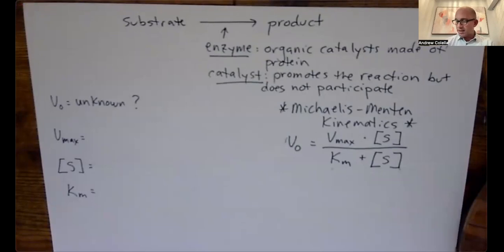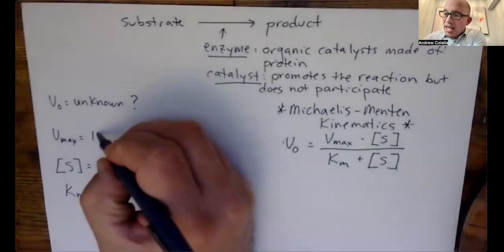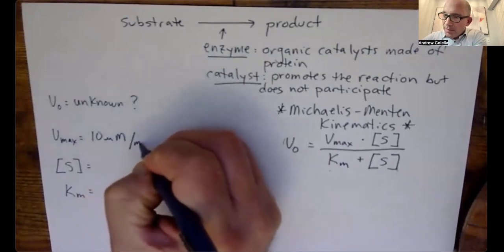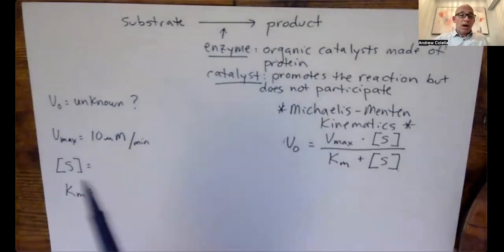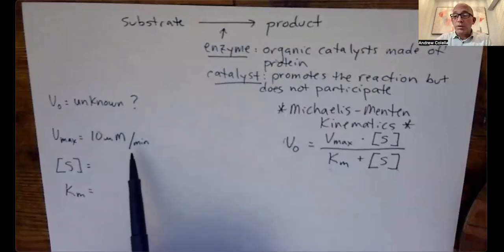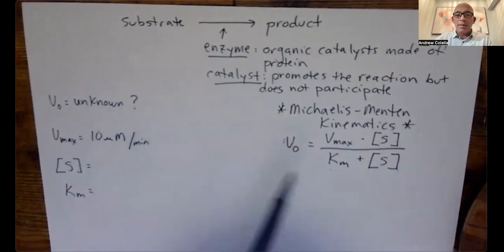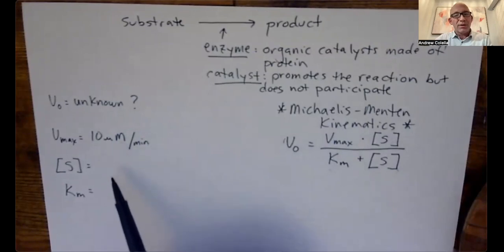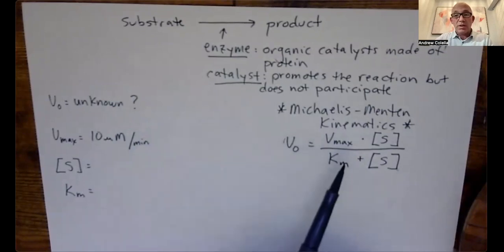Okay, so Vmax was listed as 10 micromoles per minute. Now, I'm going to pause here for a second, because units are super important when we're doing these calculations. We're going to have to be certain that our units line up. I'm already thinking ahead. I've already seen a little bit of a problem that we're going to have to straighten out before we can substitute and solve.